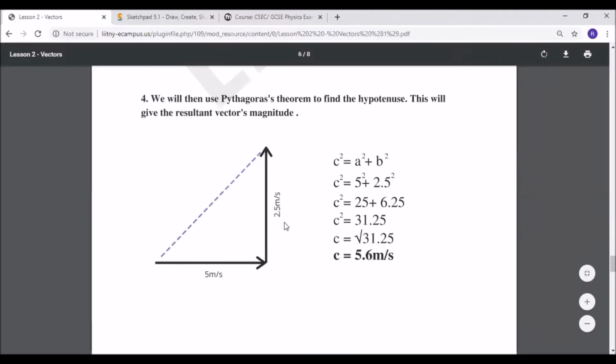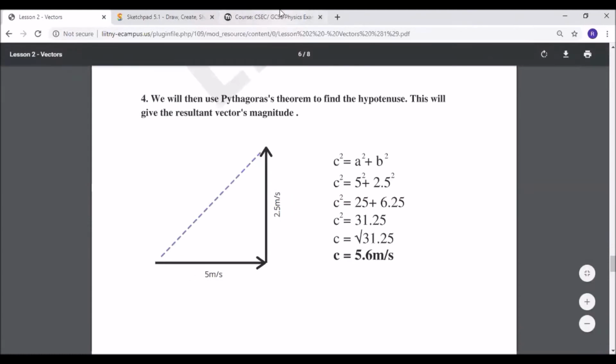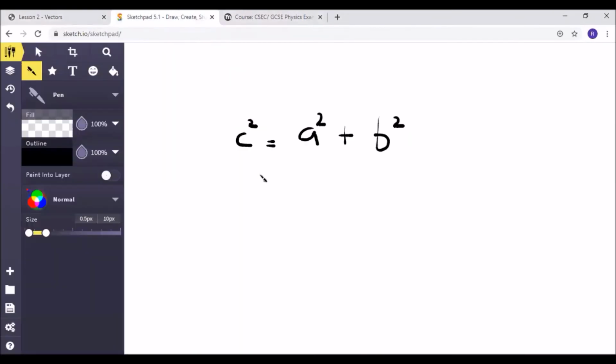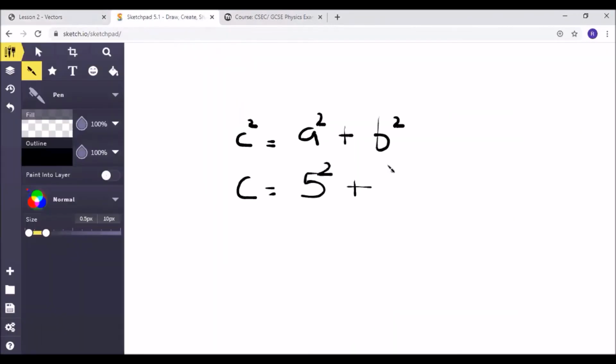So the first thing we will do is decide what is A and what is B. So the reverse current here would be A. So let's continue the equation. 5 squared plus B, which is 2.5 meters per second, 2.5 squared.